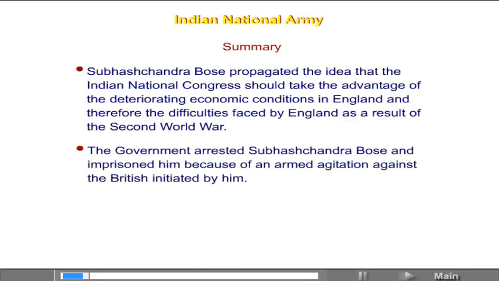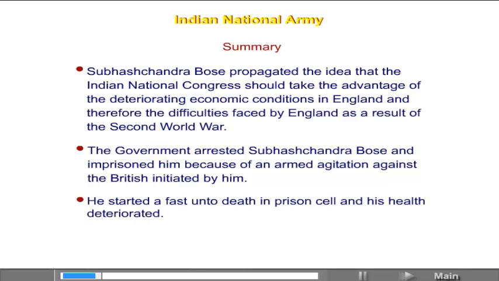The government arrested Subhash Chandra Bose and imprisoned him because of an armed agitation against the British initiated by him. He started a fast unto death in his prison cell, and his health deteriorated.